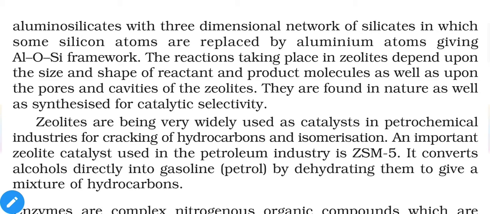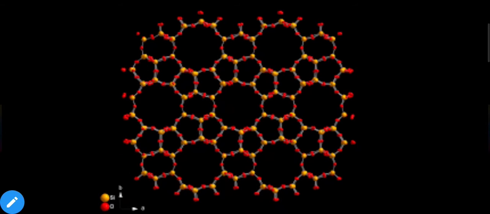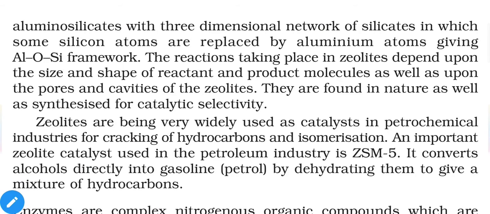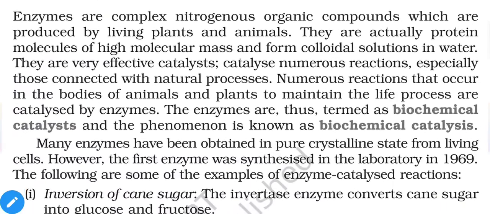An important zeolite catalyst used in the petroleum industries is ZSM5. The image shown earlier is a simple representation of ZSM5. In ZSM5, these types of arrangements will be observed. It converts alcohols directly into gasoline or petrol by dehydrating them into a mixture of hydrocarbons.